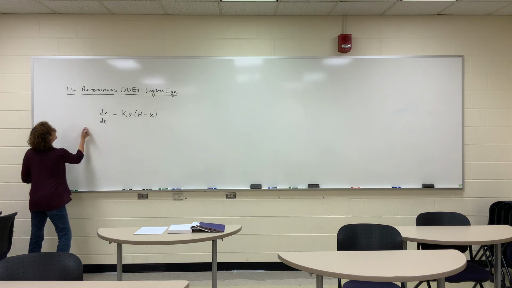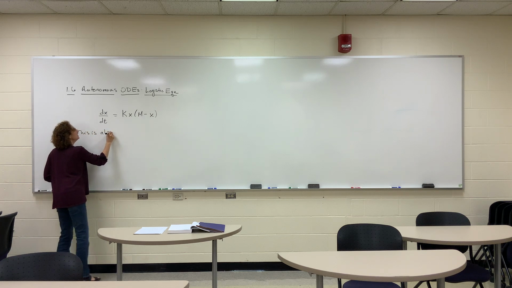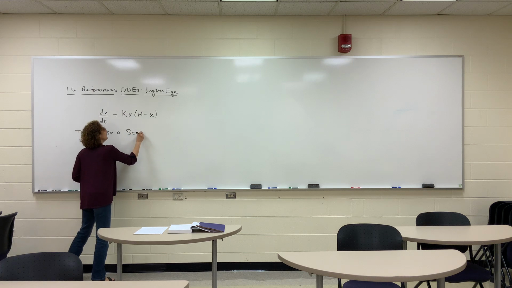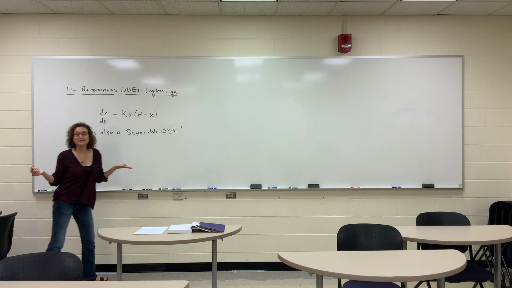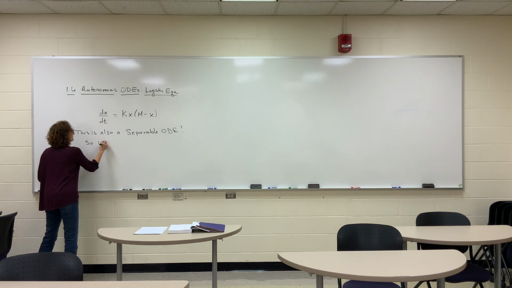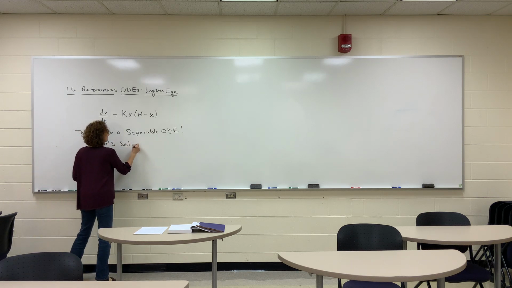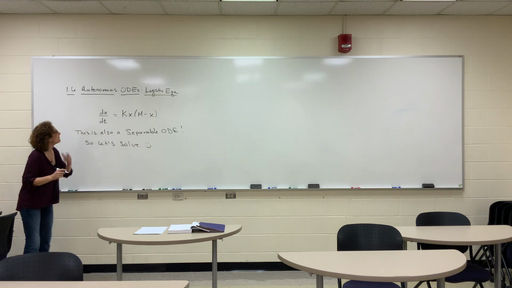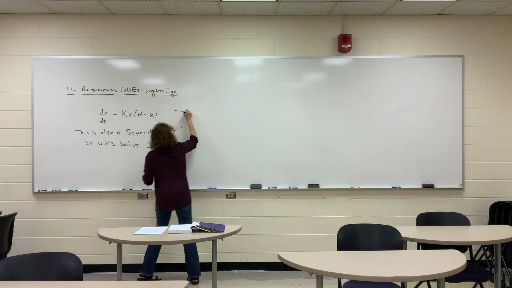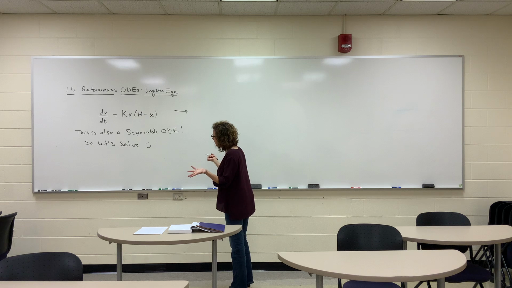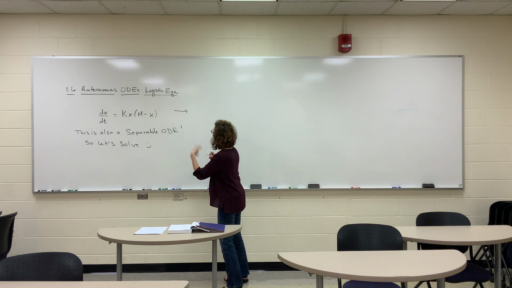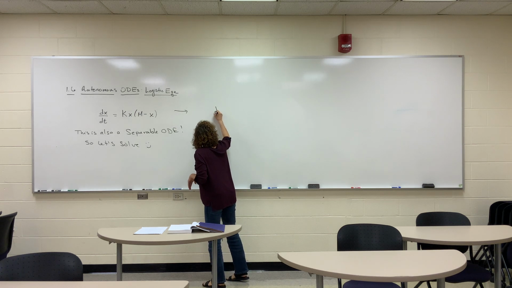All right, so this is also a separable ODE, right? So let's solve. All right, what do we do to solve this? Well, we got to write it in separable form. Now, there's a variety of things we could do. We got to get all the x stuff on one side and all the t stuff on the other, right?